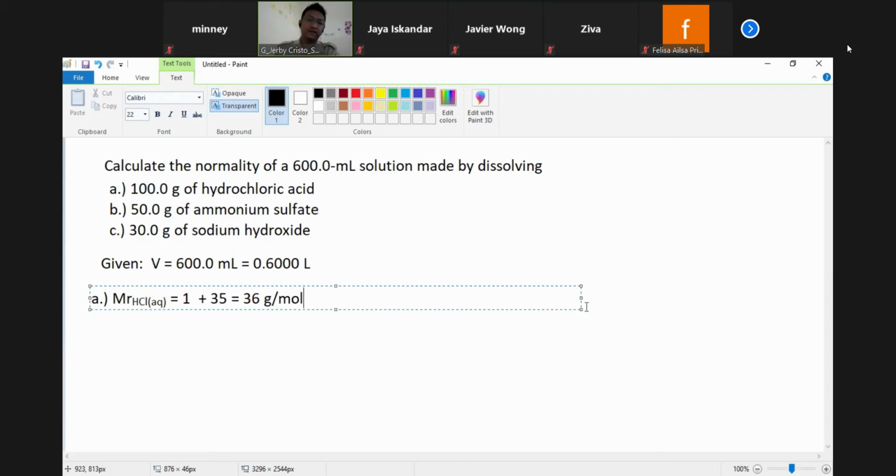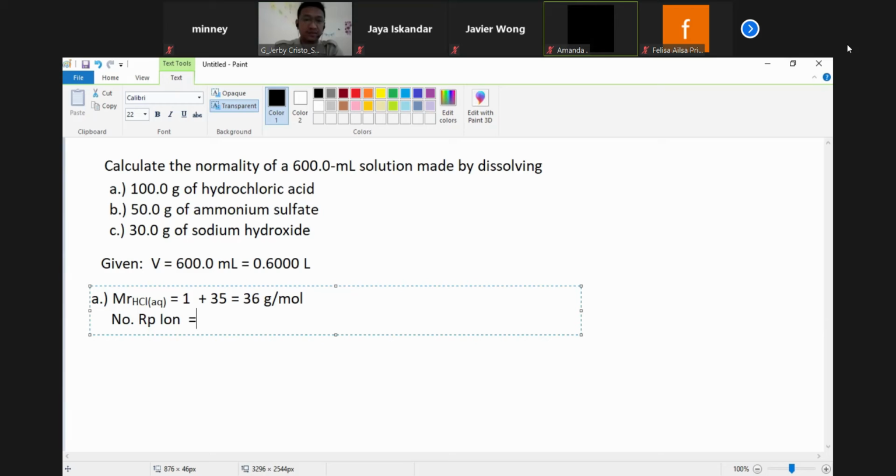After that, what do we get? Determine the number of replaceable ion of hydrochloric acid. So what's the number of replaceable ion of hydrochloric acid? 1. Okay, 1 equivalent per mole. After the number of replaceable ion, we get the equivalent mass.